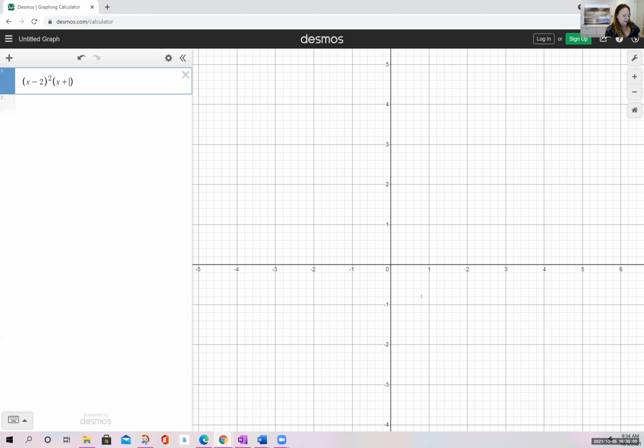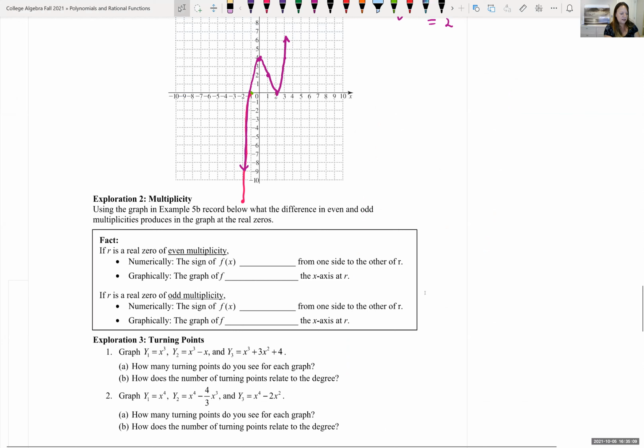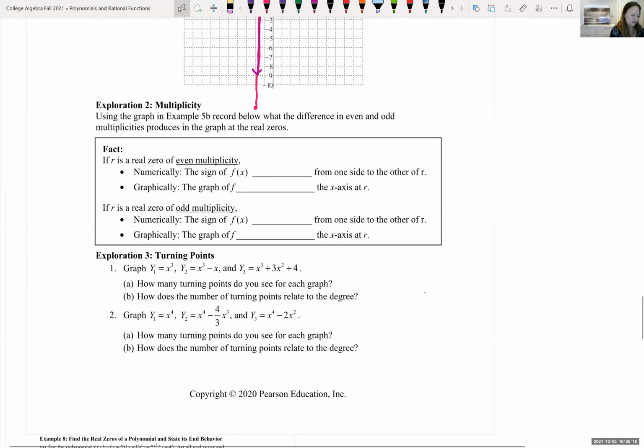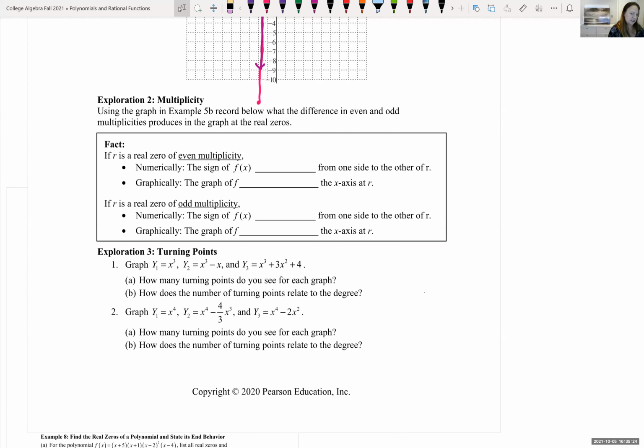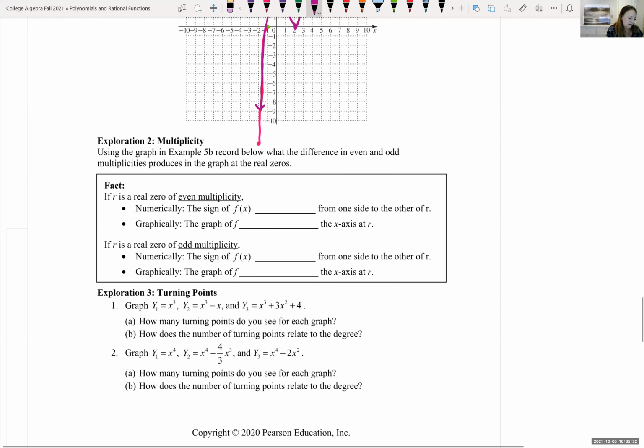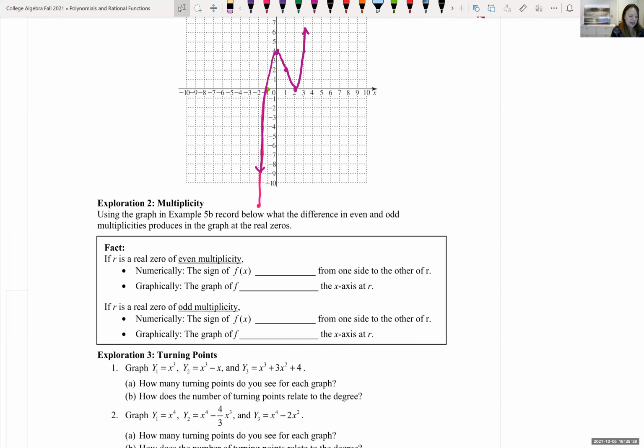Let's see what we have next. Okay, so use the graph of 5b to record below what the difference is in the even and odd multiplicities. Let me just read what it's saying again. If r is a real zero of even multiplicity, then the signs of f of x are the same from one side to the other side of r.